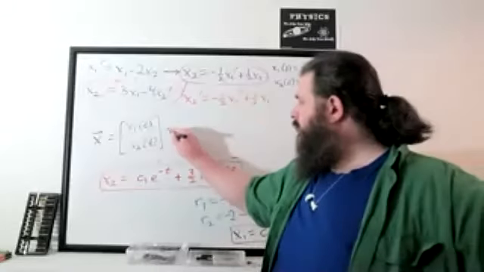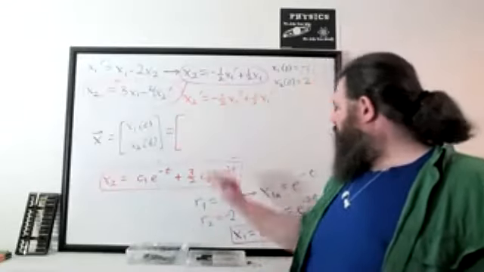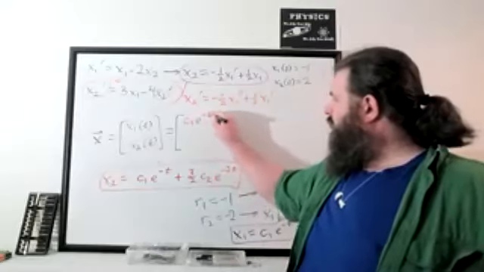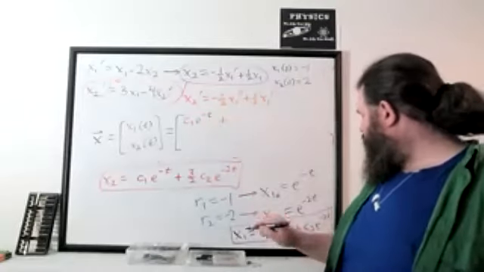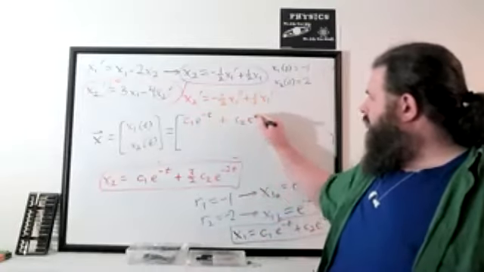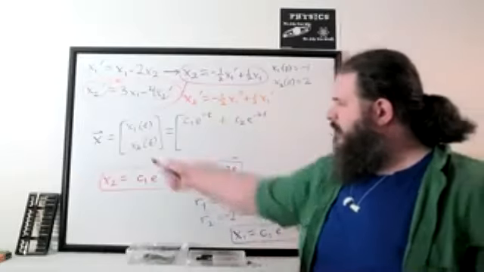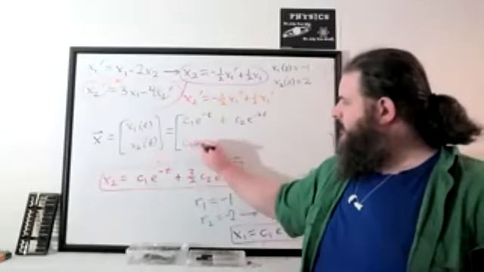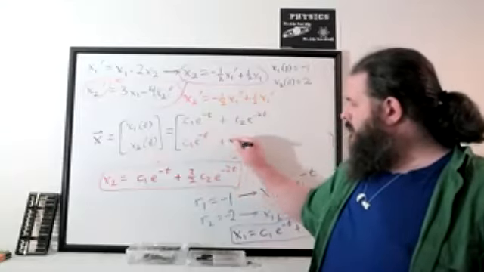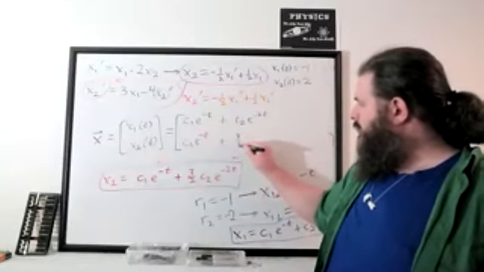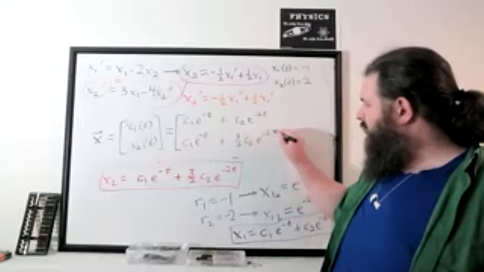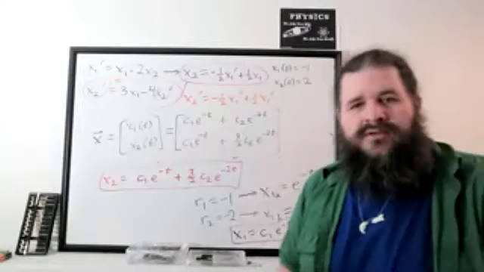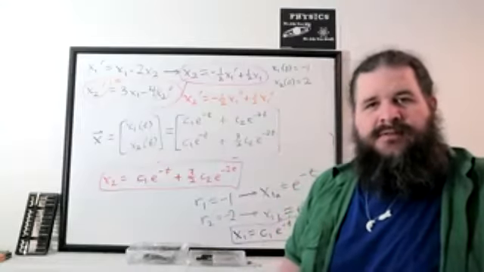So if we write that out, we've got c1 e to the negative t plus c2 e to the negative 2t. And then x2 is this, c1 e to the negative t plus 3/2 c2 e to the negative 2t. So that's our solution as a vector function.